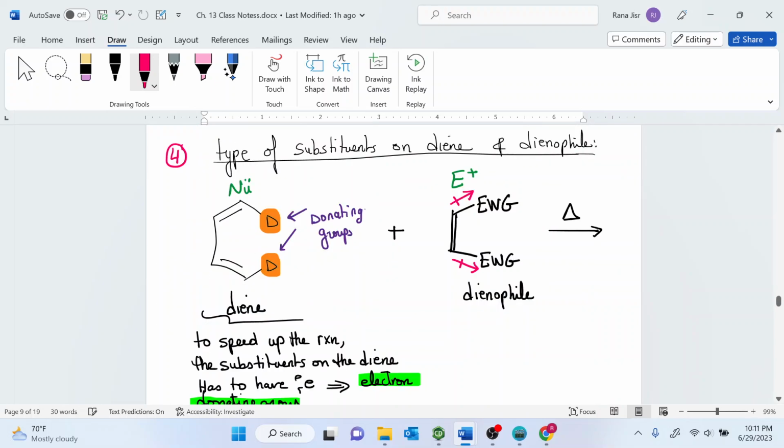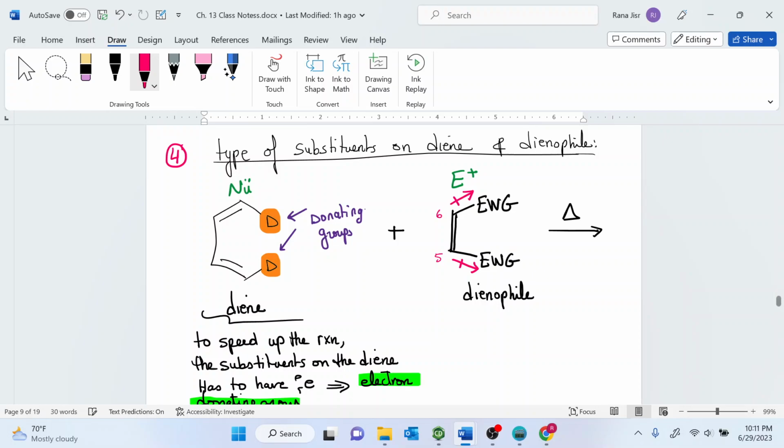The last section of this topic is the type of the substituents on both the diene and the dienophile. So we've considered the stereochemistry of the substituents. Just to cap, we said that the substituents on the dienophile need to retain the stereochemistry. So if they are cis, they need to show cis around the carbons that they are on. So this is carbons 5 and 6, so they need to show cis. If they are trans, they need to show trans.